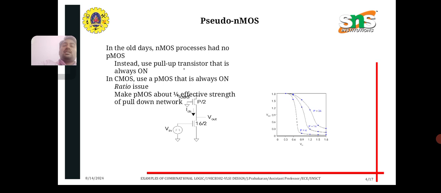This creates a logic function at the output. The output logic level is determined by the competition between the always on PMOS transistor pulling the output high, logic 1, and the NMOS network pulling it low, which is logic 0.